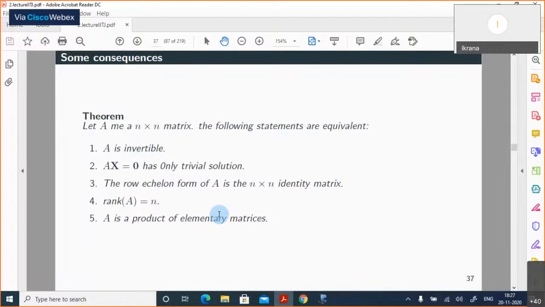This is normally called a homogeneous equation when Ax is equal to 0. Now we'll come to the homogeneous system just now. So these are the various forms of writing when a matrix A is invertible, in terms of the rank, the elementary matrices, and the solutions of equations.